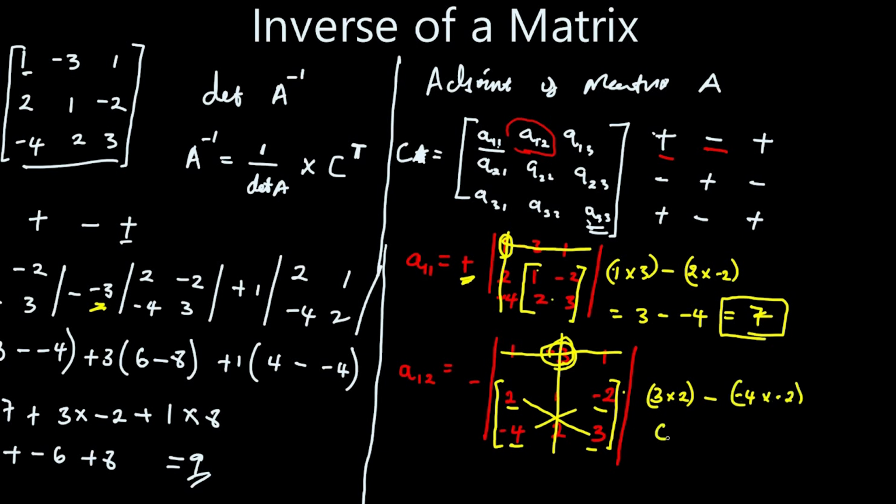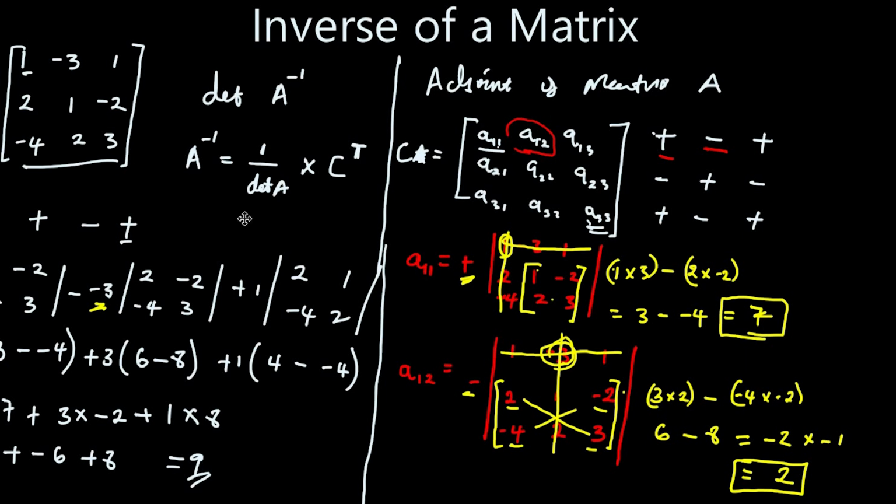This gives us a 6 minus, this gives us 6 minus 8, which is a minus 2. But the sign here is minus, so we'll multiply here by minus 1. And this will give us a positive 2. So this is the element that is going to be formed in A12.